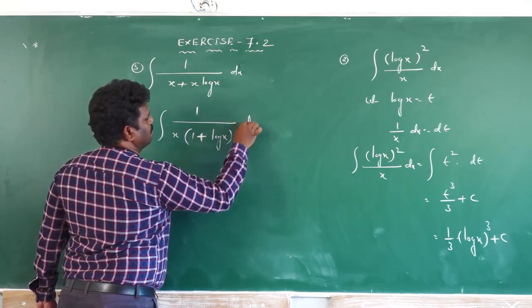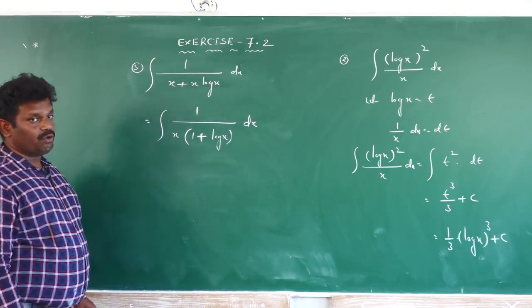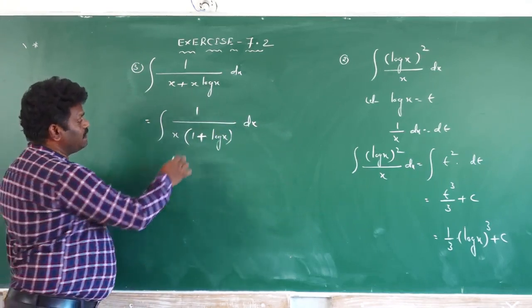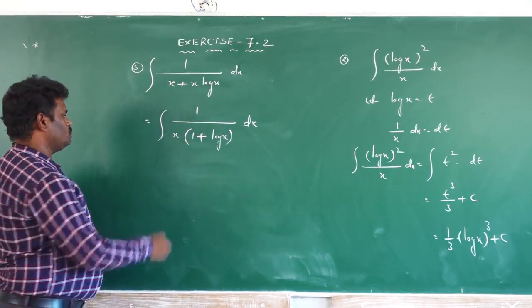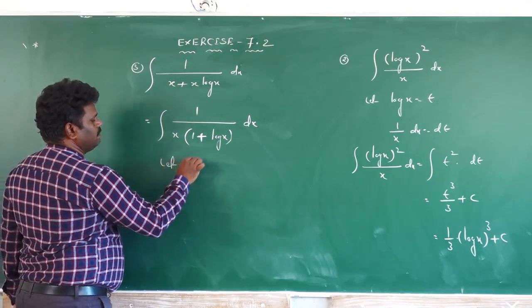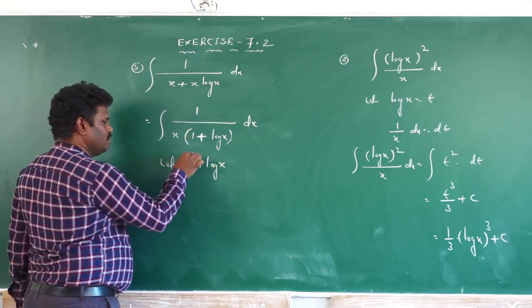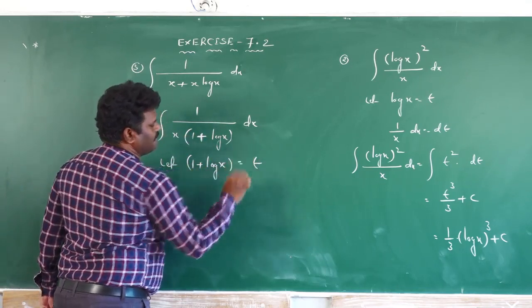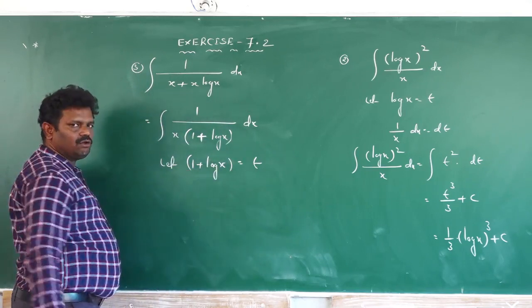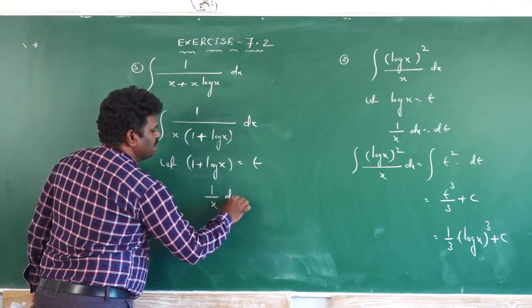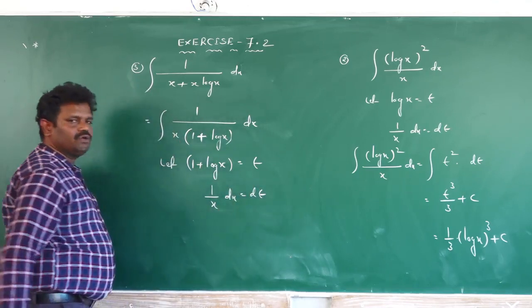Now for the substitution, the derivative of log x is 1 by x, but if you consider the total bracket value, let 1 plus log x is equal to t. Now we apply the derivative: the derivative of 1 is 0, and of log x is 1 by x, so 1 by x dx is equal to dt.